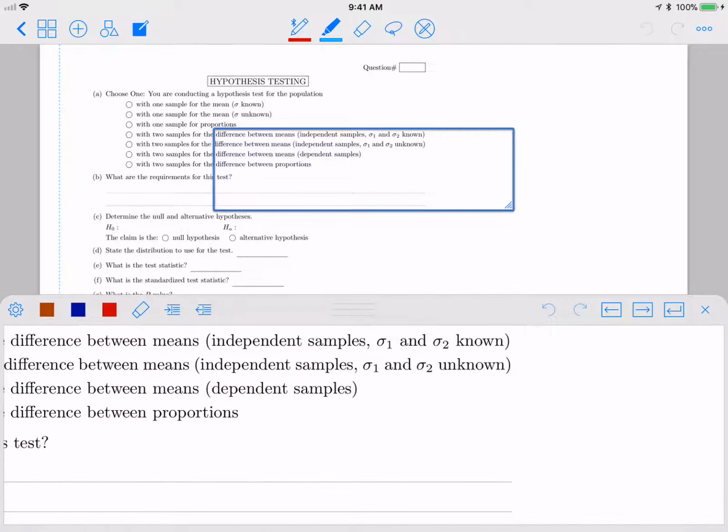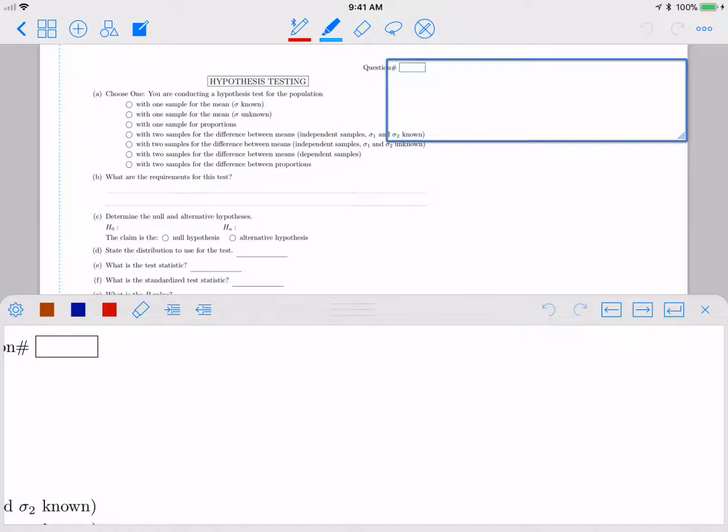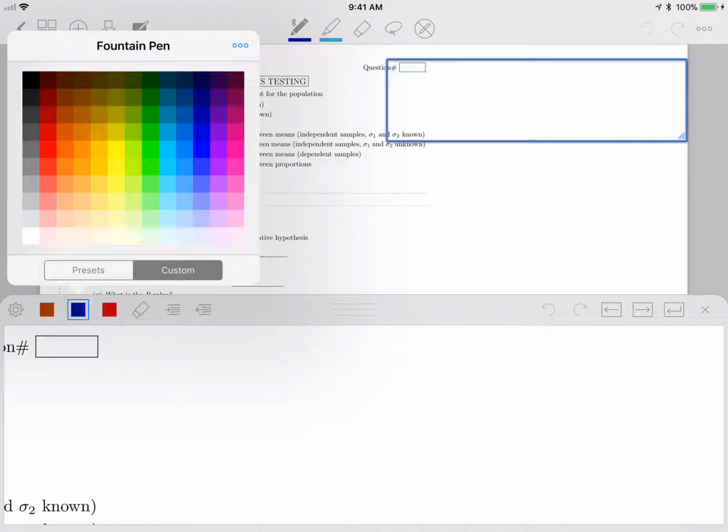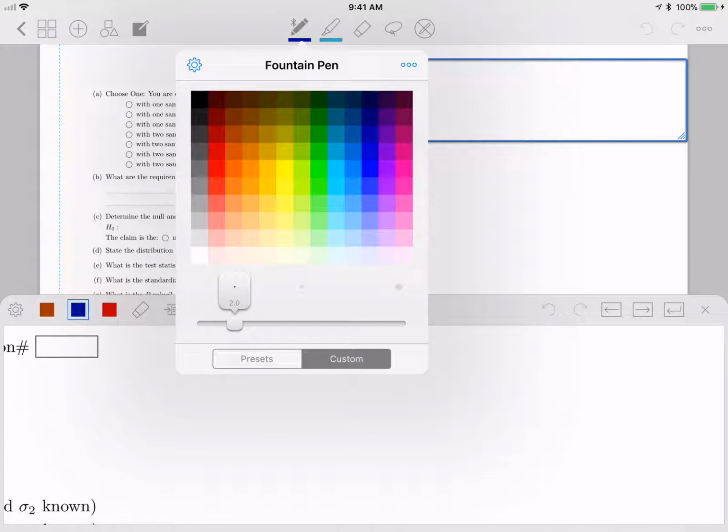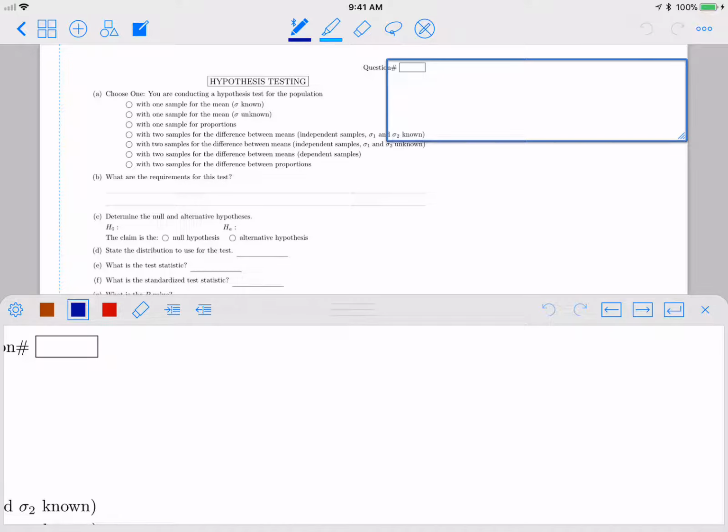So our claim is going to be, let's see here. Give me 1 second.